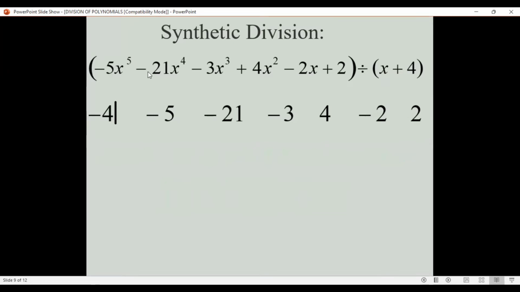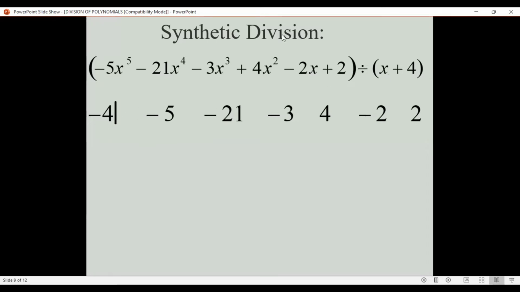Again, we just copy the numerical coefficients, arranged from the coefficient of the highest exponent down to the constant, and we divide by the negative of, or the 0 of, your divisor. In here you have x plus 4, so that becomes negative 4.